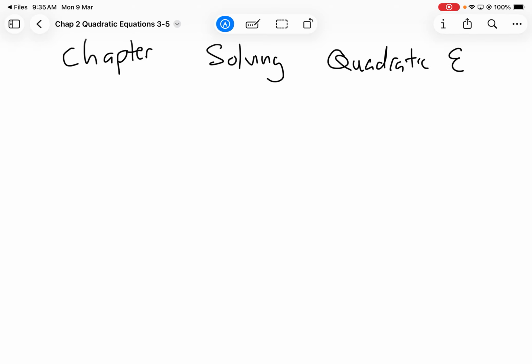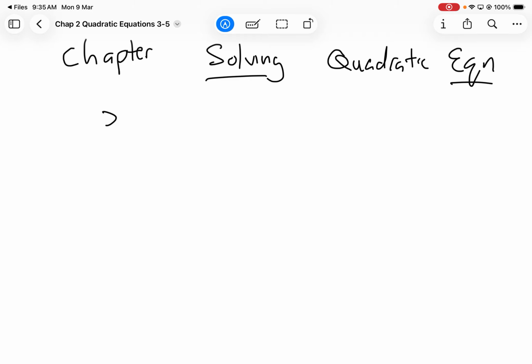Hello. I want to recap. So far in chapter 2, what we are doing is we are solving quadratic equations. Okay? So back to the basic, we are solving an equation. So when we are solving any equation, we are finding out what is the x.